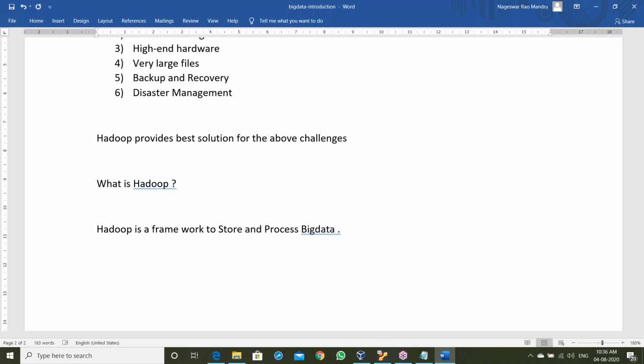So exactly what is Hadoop? Hadoop contains 2 modules, 2 core modules. Apart from the core modules, some sub-modules are available, which we will see next.